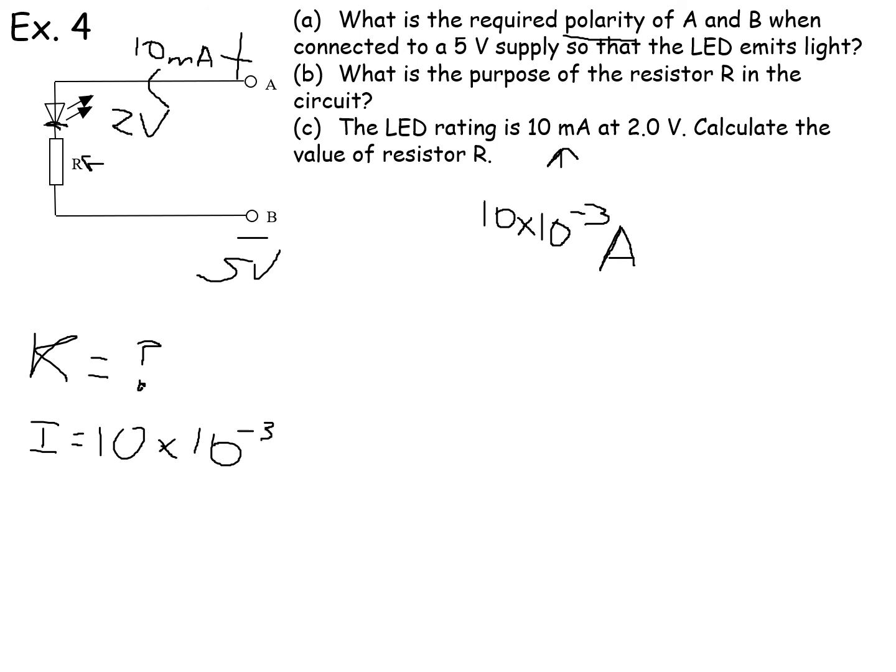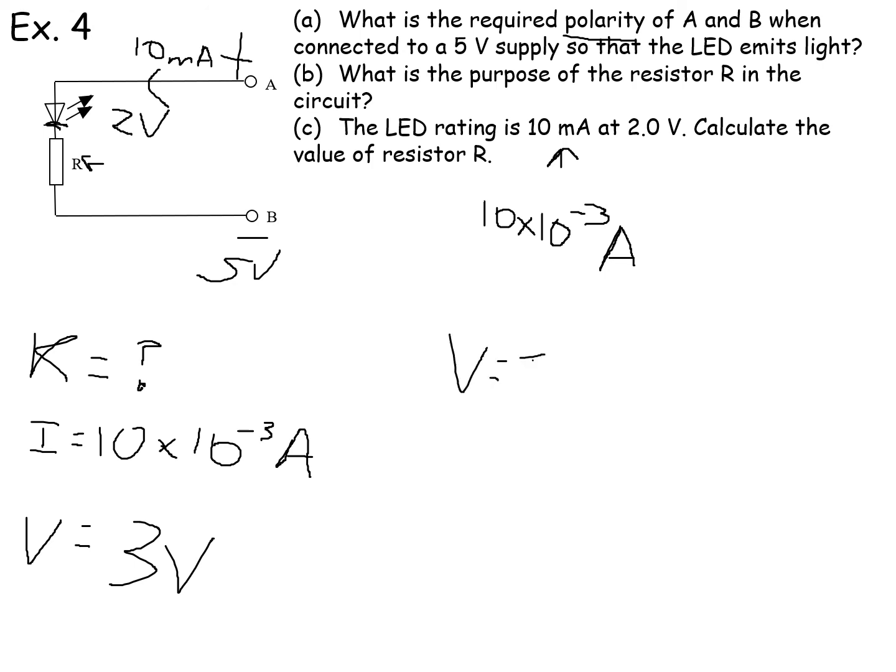So here I'm doing my know it again. And then finally, what's the voltage across this resistor? Well, look at your circuit. We've got a supply voltage of 5, we've got 2 across the LED, so that means there must be 3 volts across the resistor. And then we find it, so we find the equation, which is just simply Ohm's law.